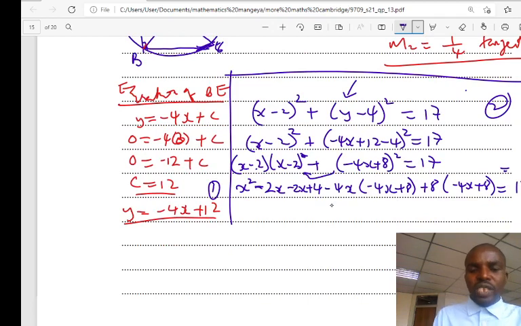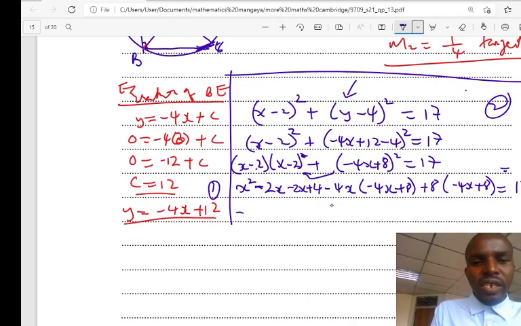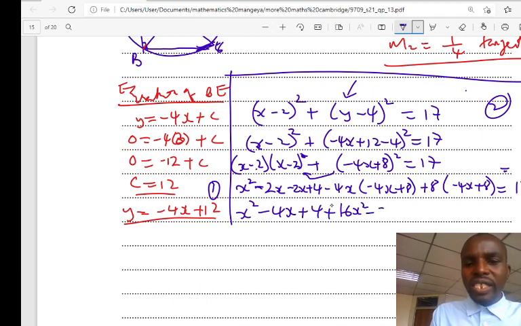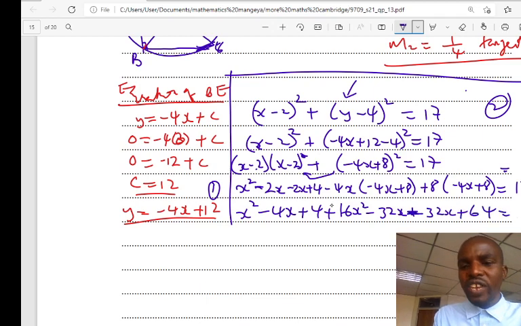After that, you have to simplify this long thing. x squared minus 4x plus 4 plus 16x squared minus 32x, then plus minus 32x on this side, minus 32x plus 64 is equal to 17.